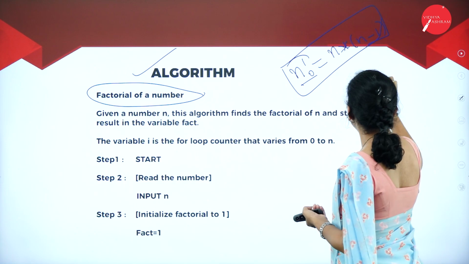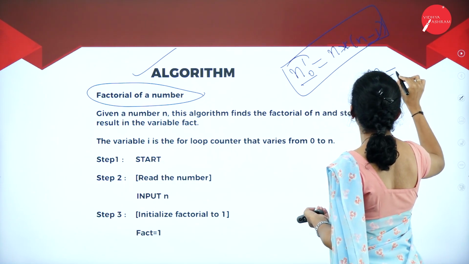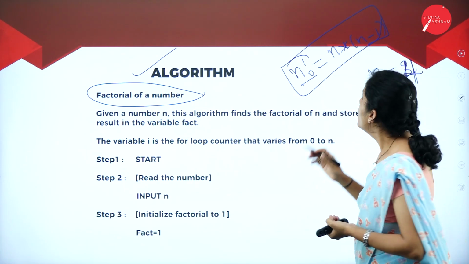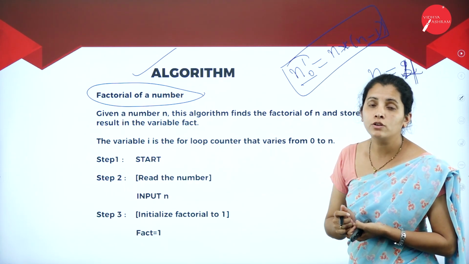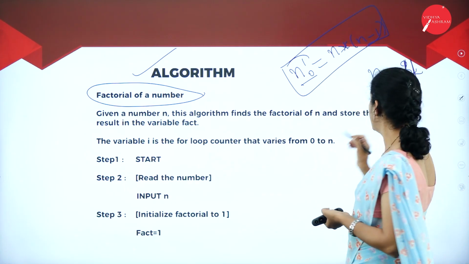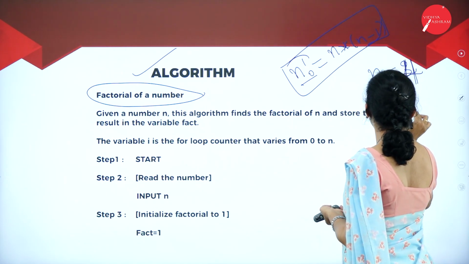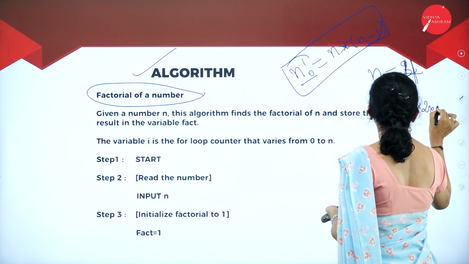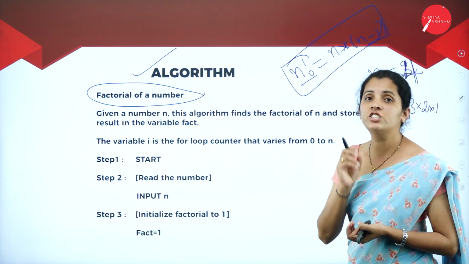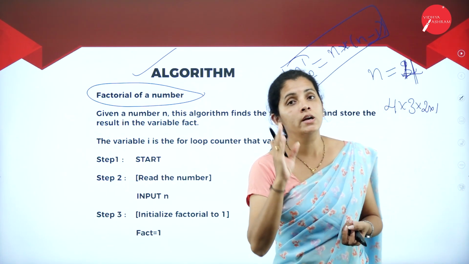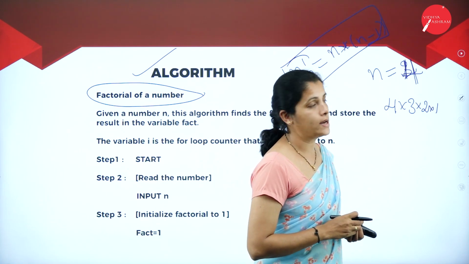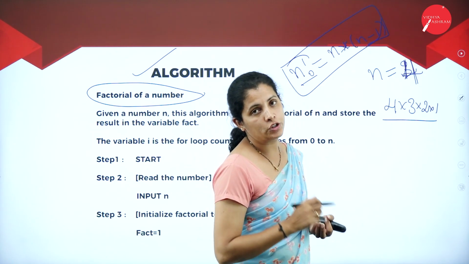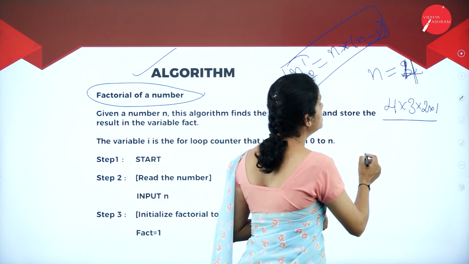For example, consider here n value is 4. Now, how to find out the factorial of a given number? That is 4 into 3 into 2 into 1. That means each time n is going to decrement by 1. So, this is the actual solution I'm going to have. So, what is the output?